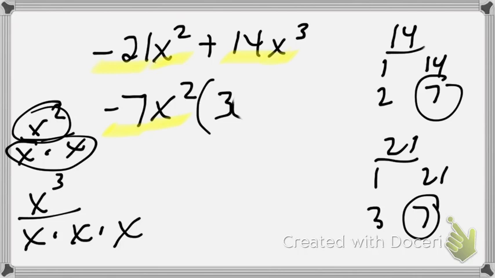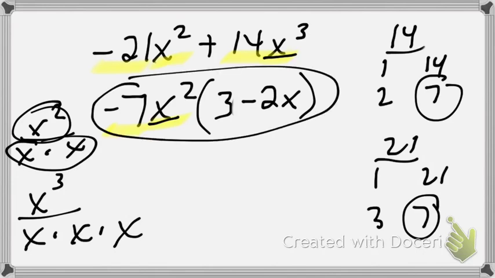Now 14 divided by negative 7 is negative 2, x cubed minus x squared. Remember, when you're dividing powers with the same base, subtract the exponents. So that's going to give us x to the first. So this is your answer.